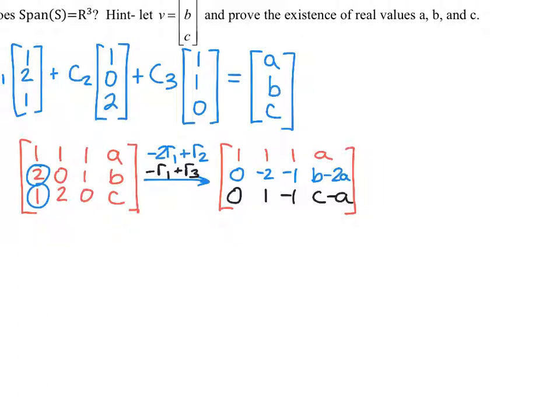So, first column, check. Second column, now ideally we get the identity matrix for the 3 by 3, but if not, at a minimum, I want to make sure I have the zeros below all the pivots to get it into echelon form, and then zeros everywhere except for the pivots to get it in reduced echelon form.